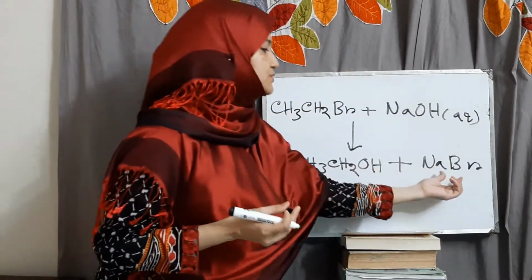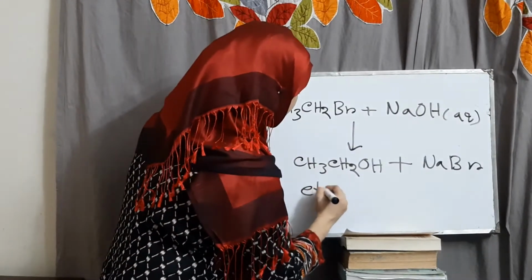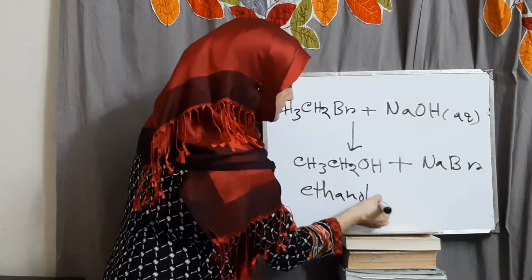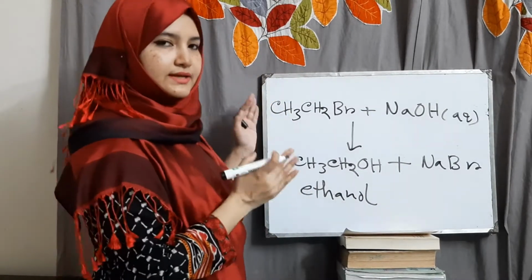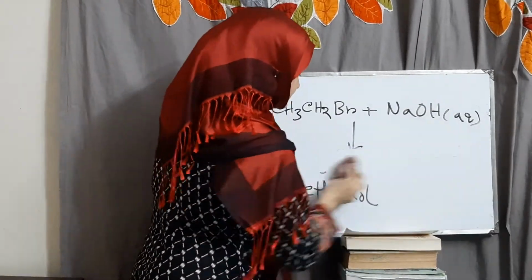We get sodium bromide salt and the corresponding alcohol. From ethyl bromide we get ethanol. Second step completed.